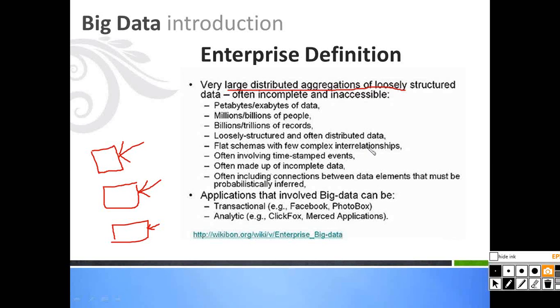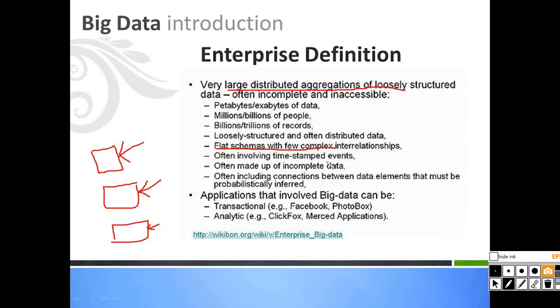If you define it further, to clarify the definition, it talks about flat schemas. This is something we haven't heard in the traditional SQL DBMS world. All that we see is known schemas. There is a table that has defined columns, and columns have known data types. That is what we have been seeing.